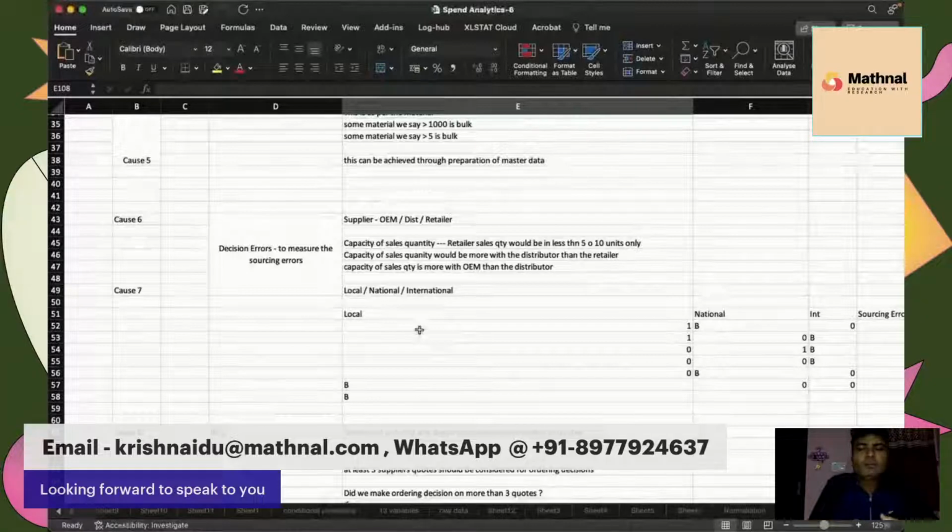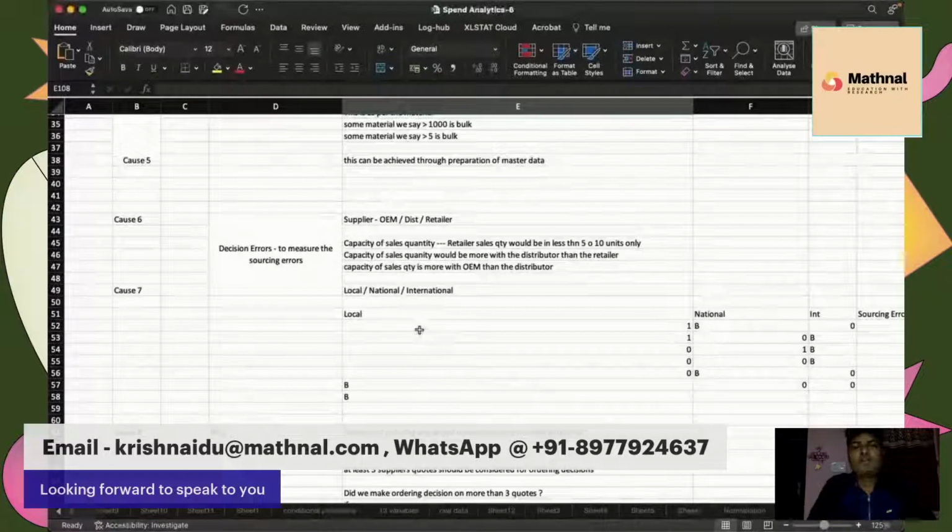So your savings is $20. This is the purchase price variance. How much is the variance from the target price? That is the cost savings. How much savings you have generated from your target price? That is what we need to target.